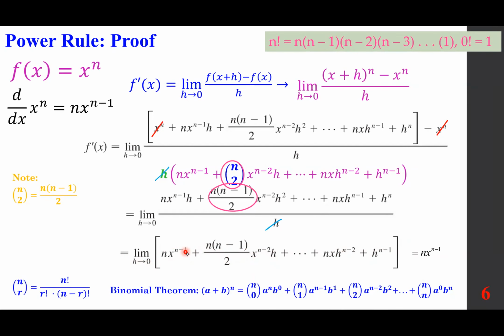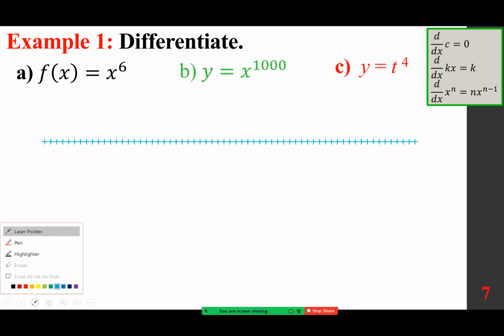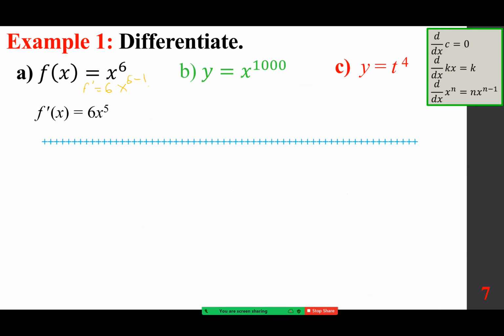Let's look at a few simple examples of the power rule. I start with the first one. If I want to take the derivative here, I make the exponent the coefficient, and the exponent goes down by 1, and we get 6x to the power of 5.